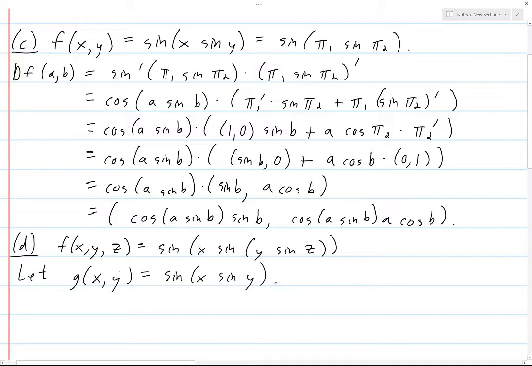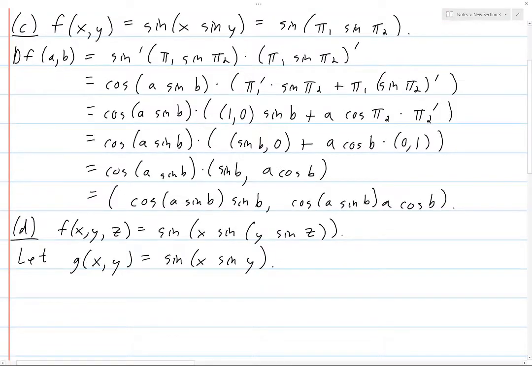So this is the function g, and we also know the derivative of g because we can just use part C to help us. Now that we have this, we can write f of x, y, z using g to do some of the work for us.